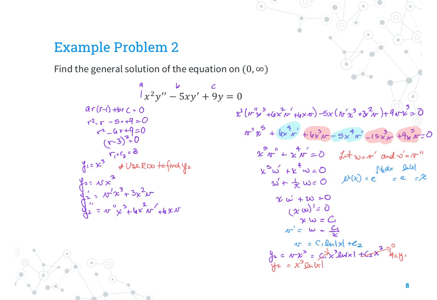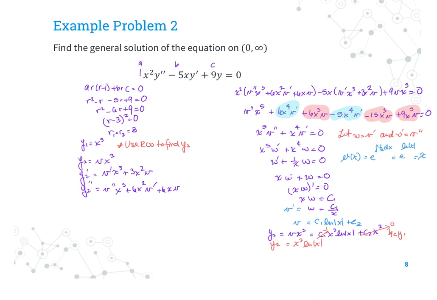So in this case then, our general solution here would be that y of x is c1y1 plus c2y2, which would be c1 x cubed plus c2 x cubed natural log of x. And that is our solution here.